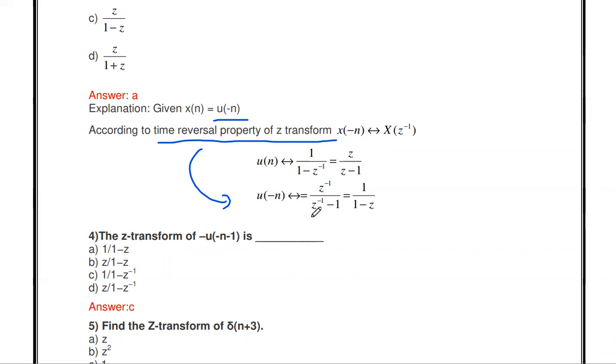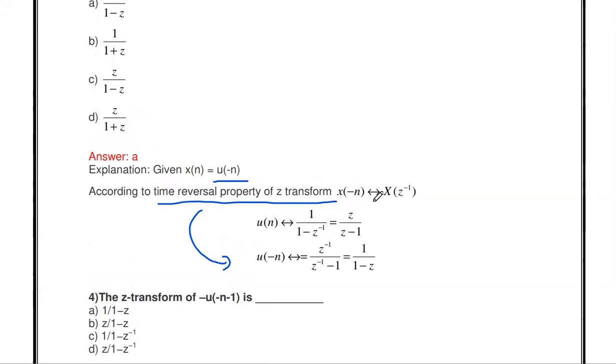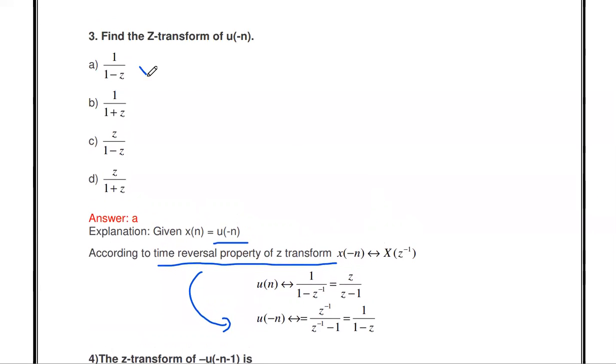This z inverse can be written as 1 by z. Taking the LCM, we get 1 by 1 minus z. So 1 by 1 minus z is the Z transform of u of minus n.